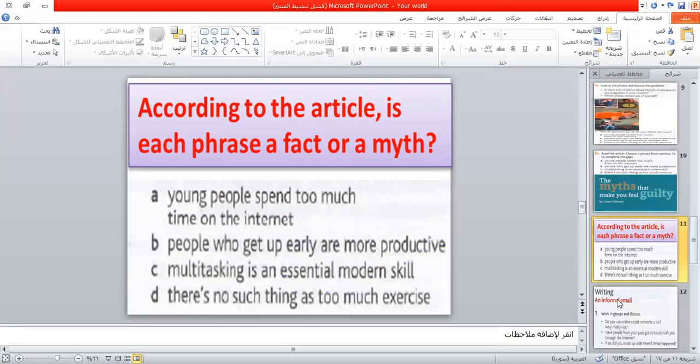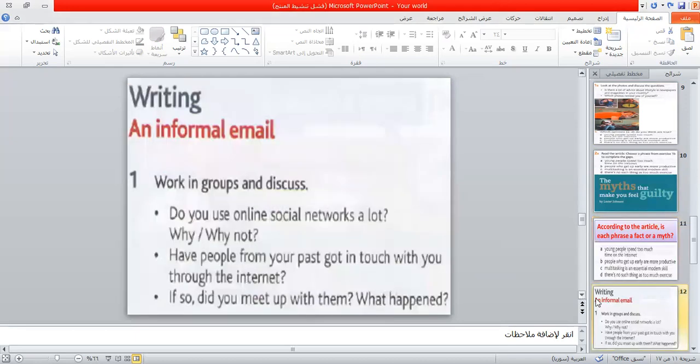Then we will move on to the last section in our lesson, which is writing. Here in writing, we will have a lead in, which is working in pairs and discussion. Here we have 3 questions. They will ask each other and answer in groups.